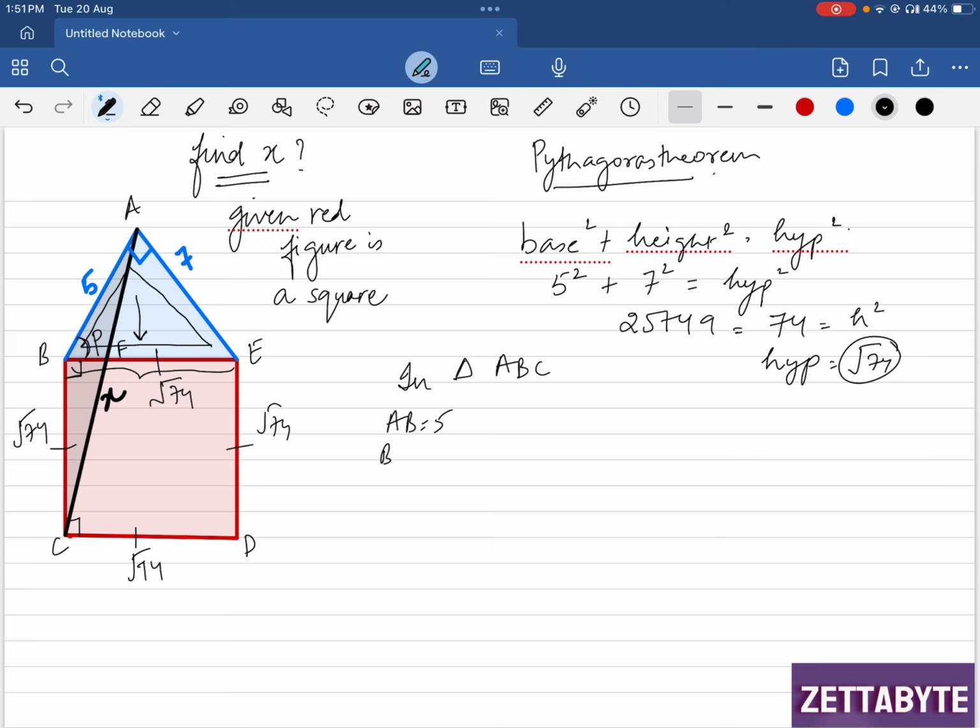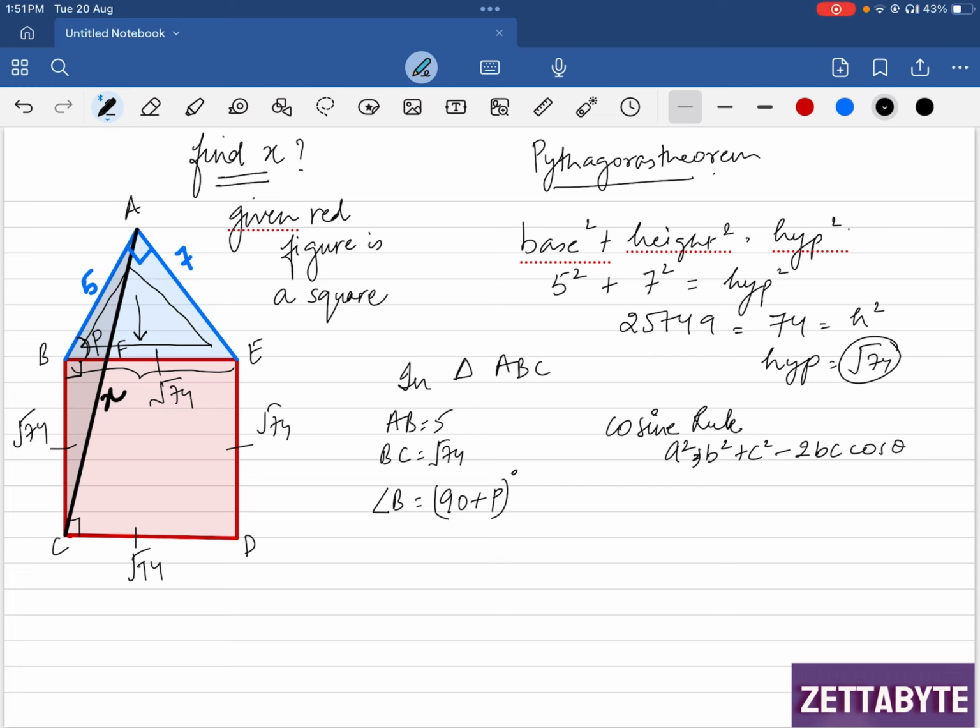Then BC we have explored, which is equal to root 74. You have been given two sides altogether, and the vertex angle at B, I can say that's going to be 90 plus P degrees. So you know that the angle between is also given. This takes me to a point where the cosine rule I must have studied gives me the idea that a square is equal to b square plus c square minus 2bc cos theta.